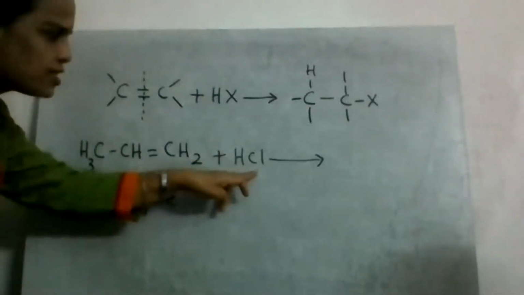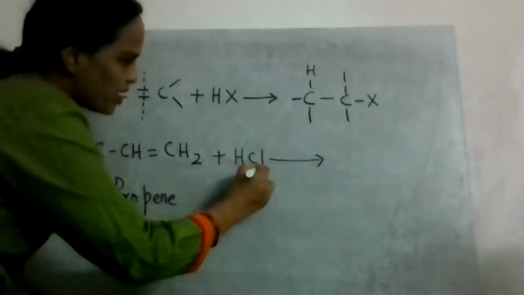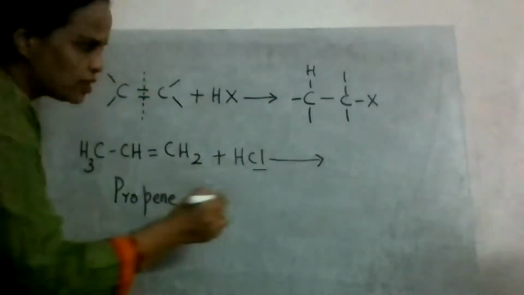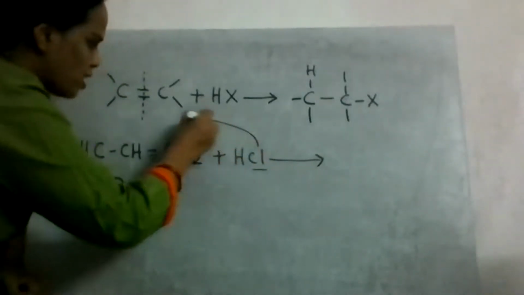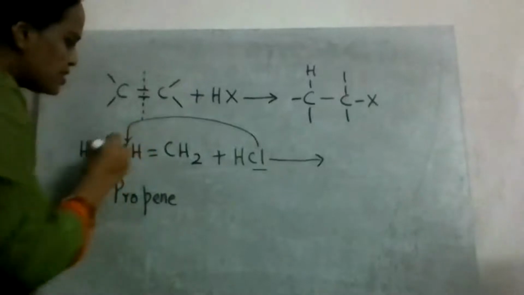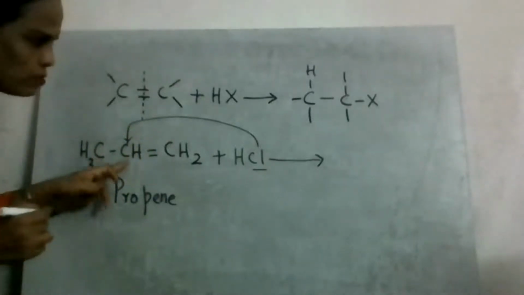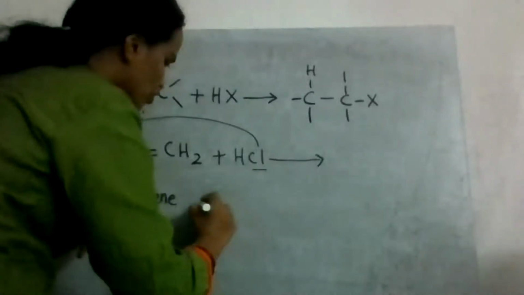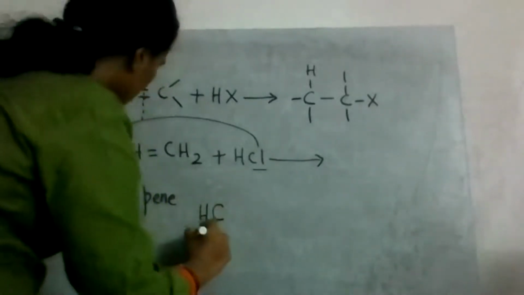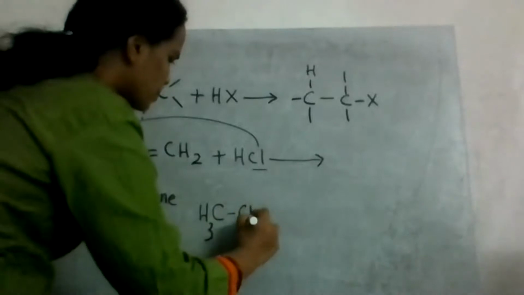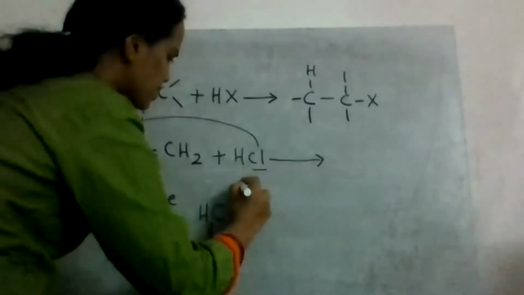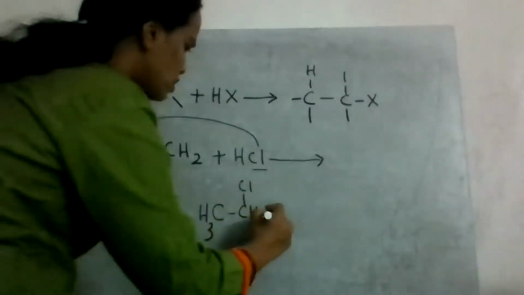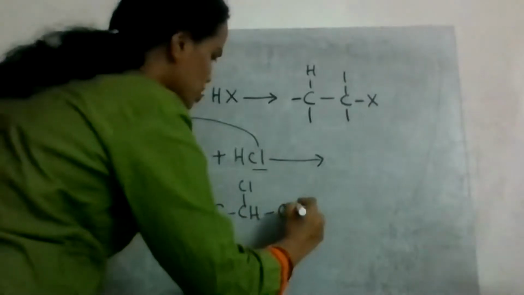Markovnikov's rule, what does it say? The negative part of the addendum, Cl is the negative part, will go to that carbon atom that is having a lesser number of hydrogen atoms, and H will go to the other carbon atom. So the major product is CH3, CH, Cl, single bond, CH3.